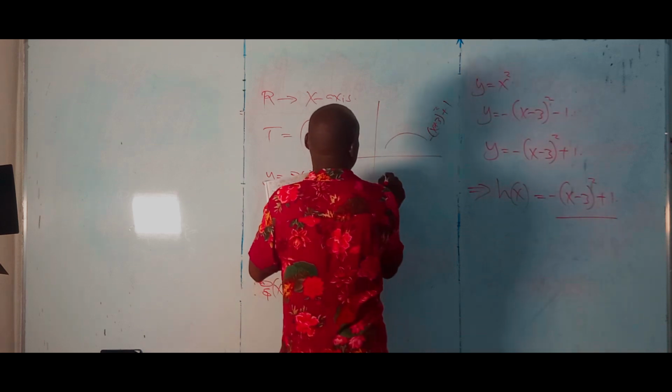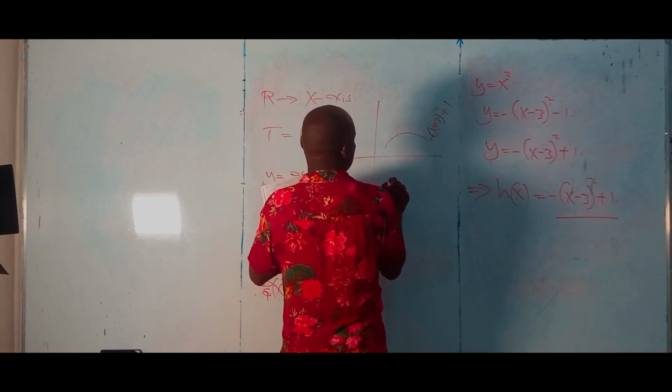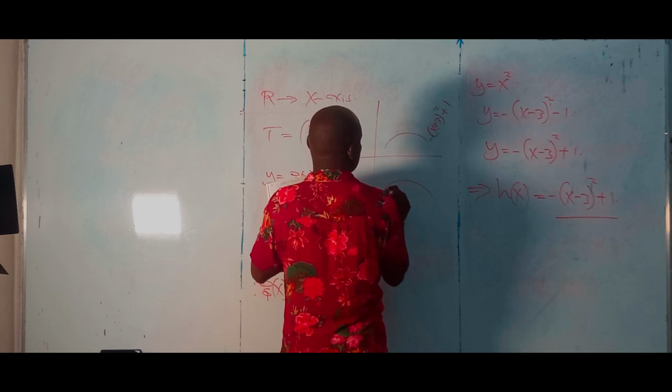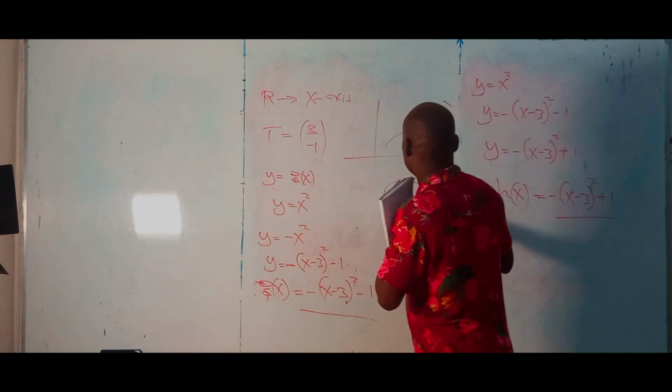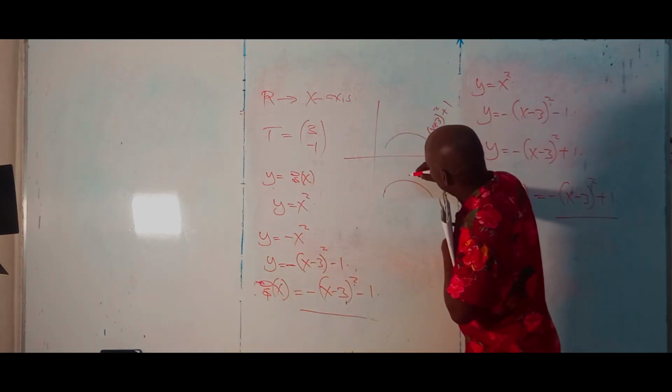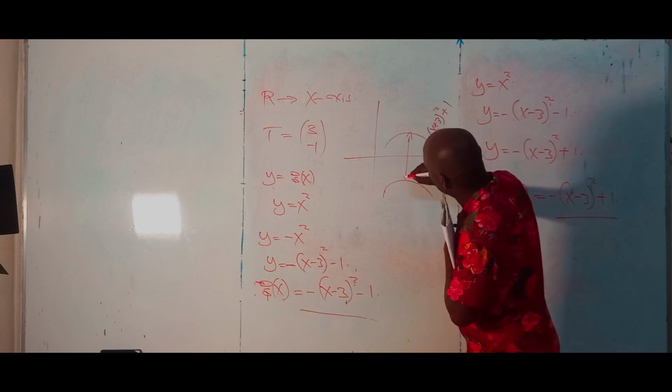But there was another one here, the same curve, similar, but now it's below. So for us to move, it's a vertical translation.